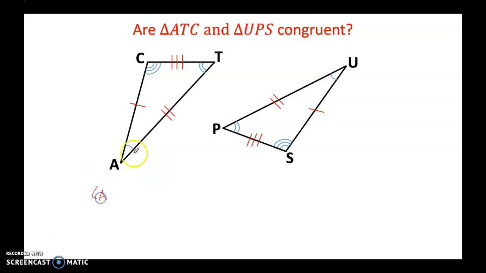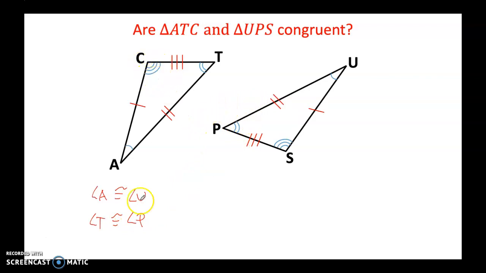Angle A with one mark corresponds to angle U with one mark, and they are congruent because they have the same one arc. Another, angle T with two marks or two arcs is congruent to angle P because angle P also has two arcs.